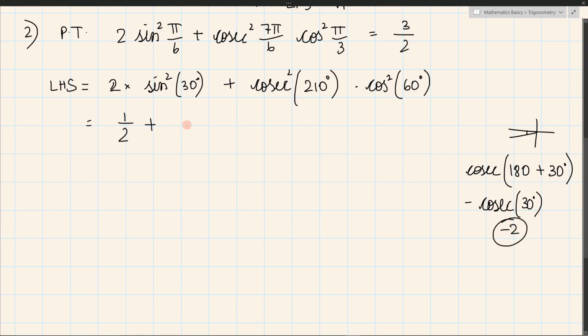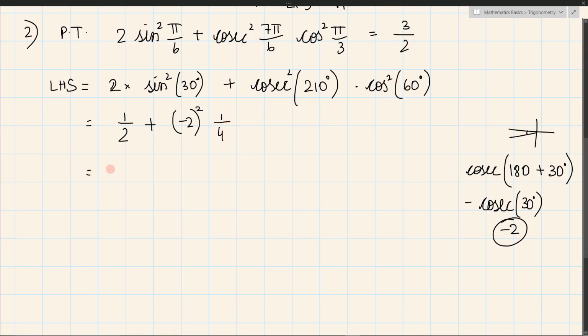So we have minus 2 whole square into cos² 60. Cos 60 is again 1/2. 1/2 whole square is 1/4.